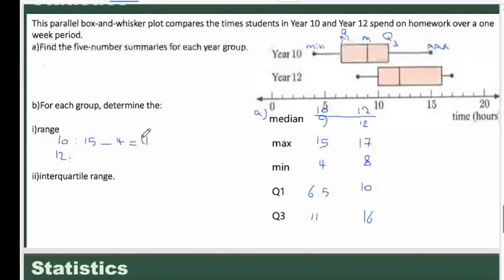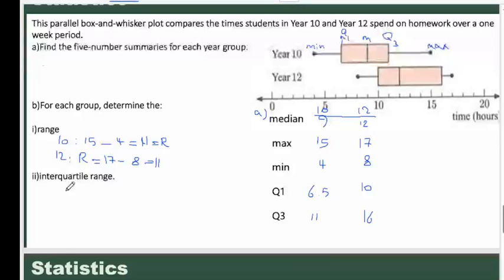It's my range for 10 year. For 12 year, range would be maximum 17 minus 8, and 17 minus 8 again would be 11.